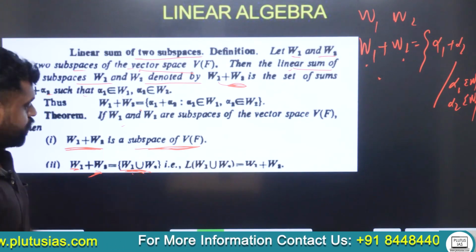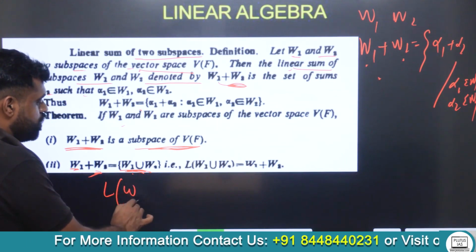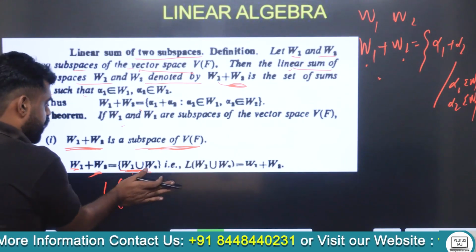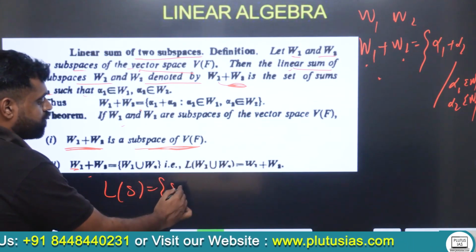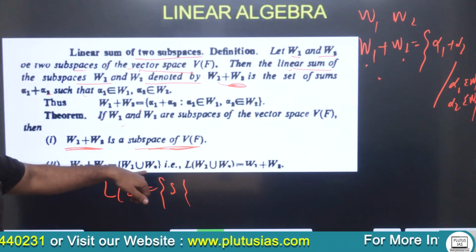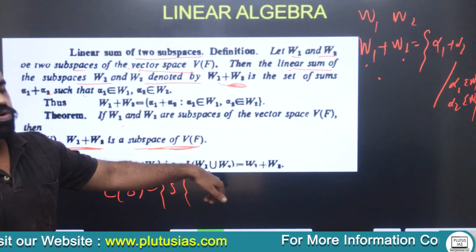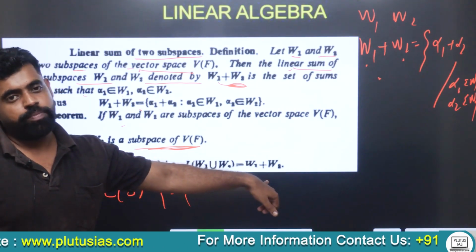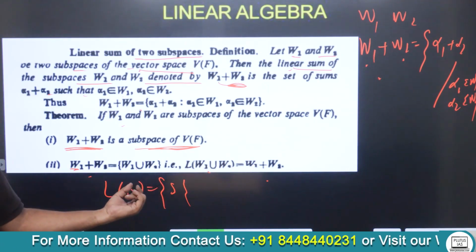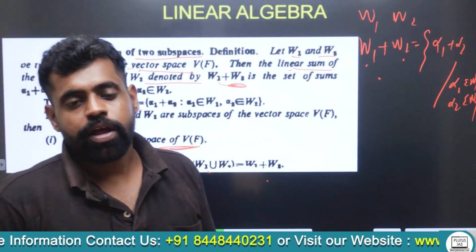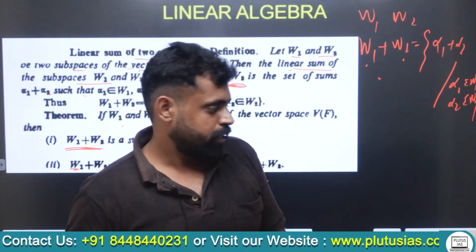We have shown that L(S) is the subspace generated by S. So we can also say that L(W1 union W2) is equal to W1 plus W2. Okay, so please prove this now. If you understand the concept, you would be able to prove this.